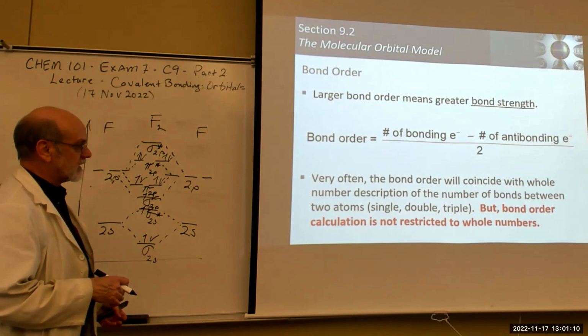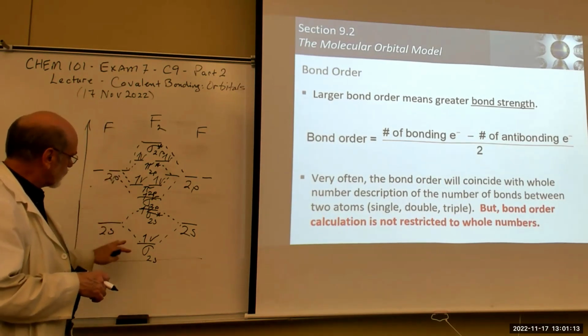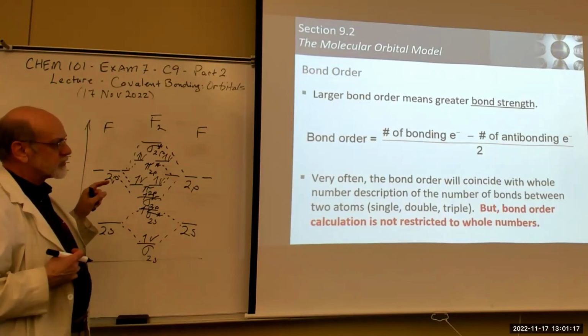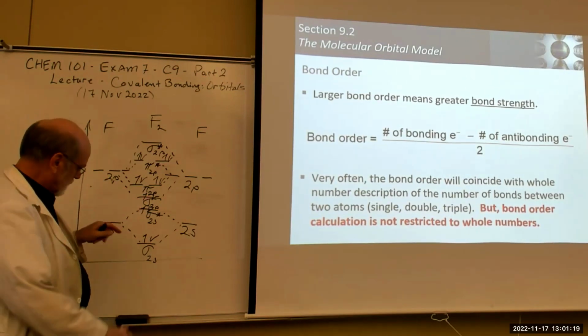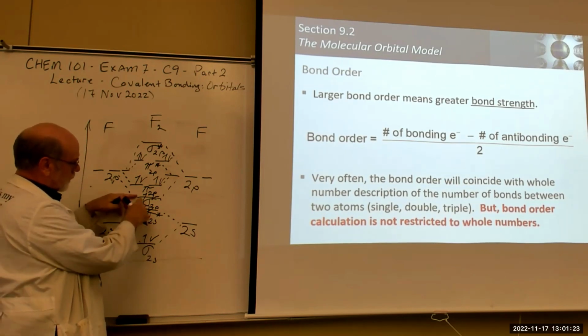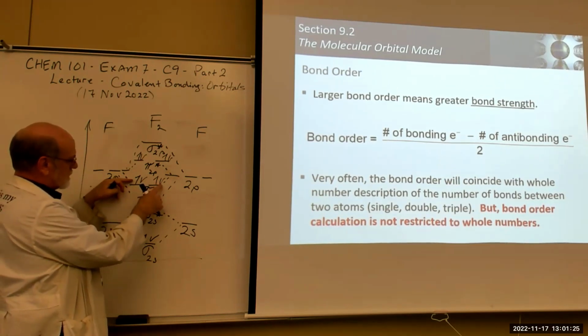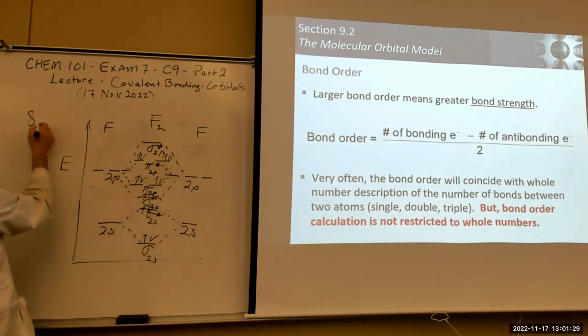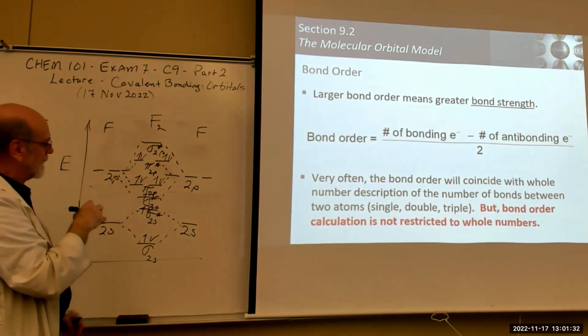And the way you calculate it is, once you get your energy diagram set up, you look for first the bonding electrons, right? The ones that don't have a star. So we got 2, 4, 6, 8. We have 8 bonding electrons. And then you subtract the anti-bonding electrons.